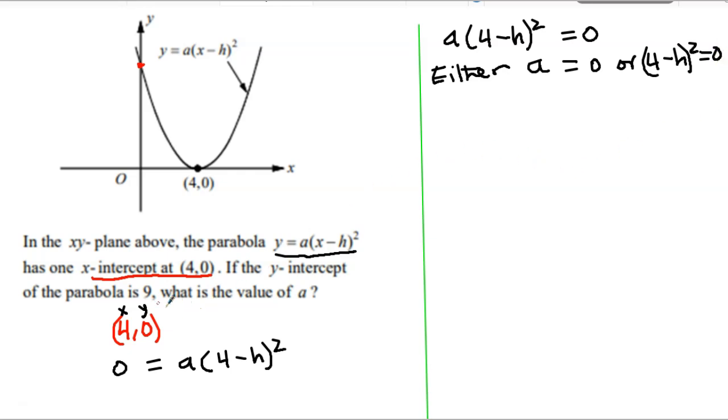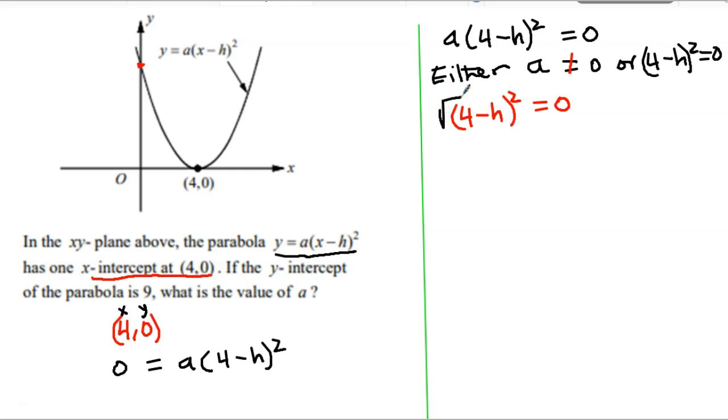But here, we have to know that a cannot be equal to 0, because when a is 0, the whole quadratic function will not exist, since the x terms and everything will go away. So (4 minus h) all squared is the one that has to equal 0. Now we solve for this.